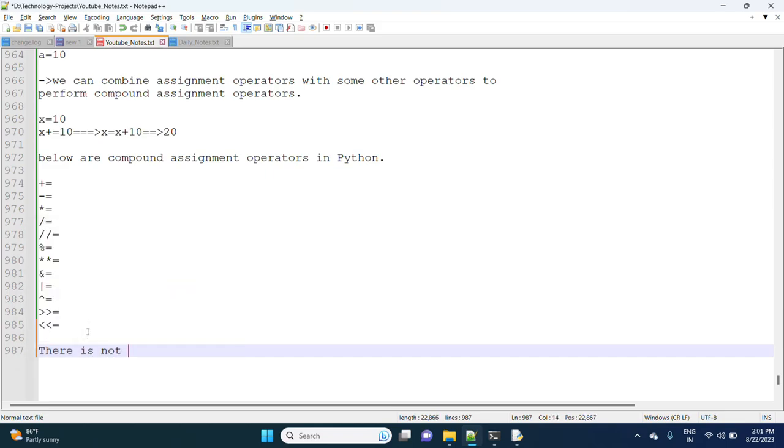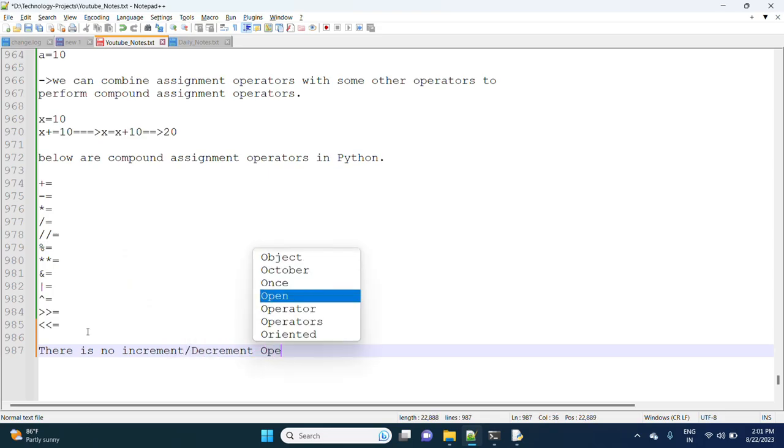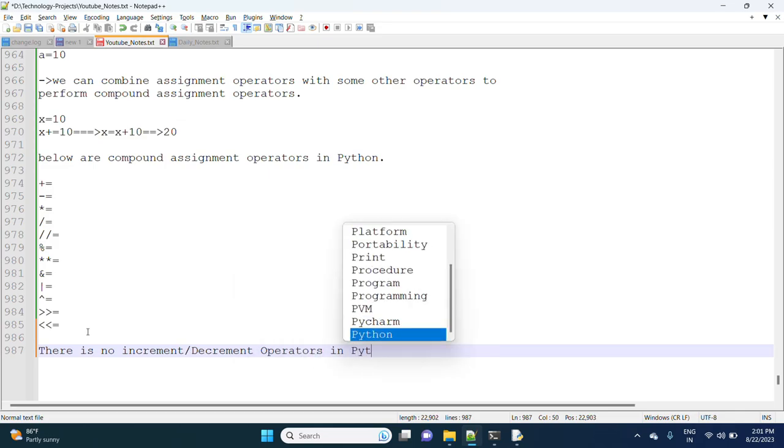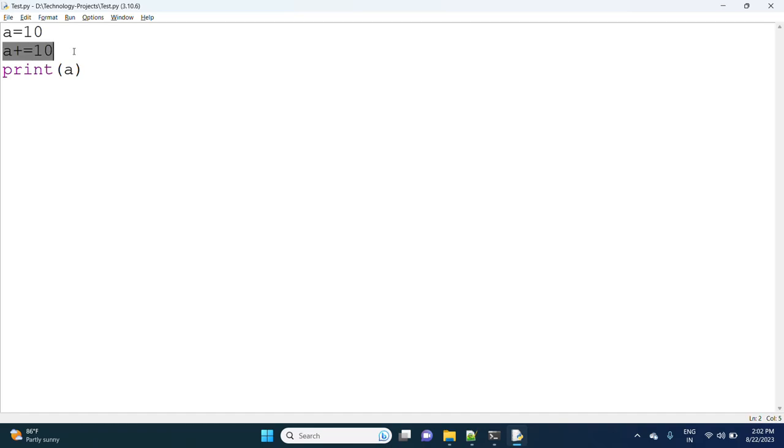Normally, in previous languages like C, C++, Java, if you take a equal to 10 and consider a plus plus, it is going to increment the value.